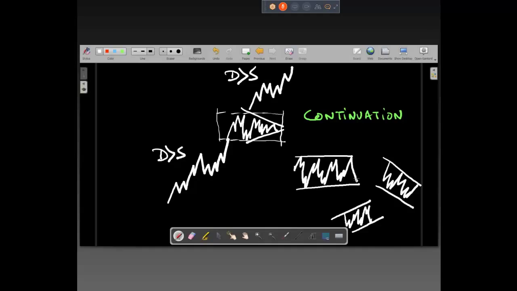So essentially what is happening is we have a defined bound resistance and a defined bound support on the downside, and the market is not going anywhere. It's within a range. We have to take a look at what the trend was before: was it up or was it down? Most of the time these patterns tend to continue the market. They tend to reverse as well, so we have to keep a close watch on the volumes. So channels are a part of patterns, and the patterns can be reversal as well as continuation.